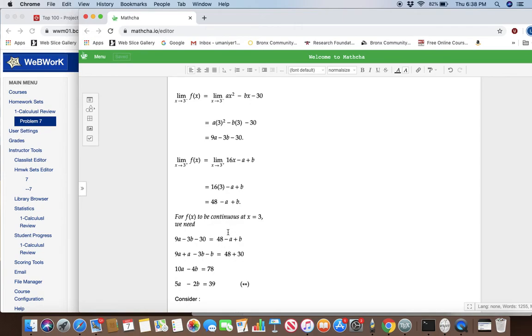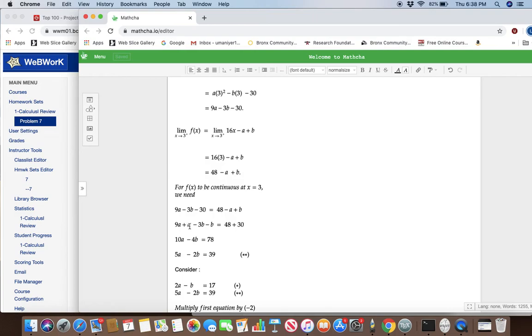So minus a becomes plus a on the left, plus b becomes minus b on the left. I'll take the numbers to the other side: minus 30 became plus 30. 9a plus a is 10a, minus 3b minus b is minus 4b. I can divide throughout by 2. 5a minus 2b equals 39. So this gives me another equation.